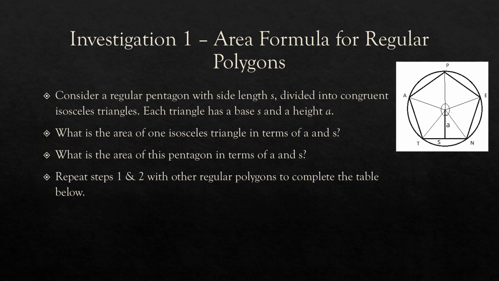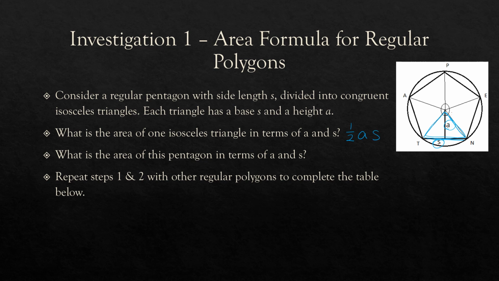So looking at this triangle right here, we know that the area of this triangle is 1/2 base times height. The base is going to be S and the height is going to be A. So the area of one triangle is 1/2 A times S.